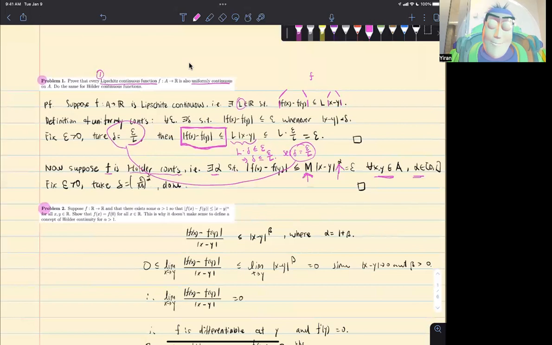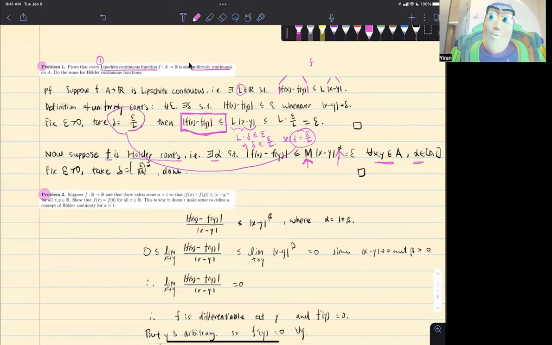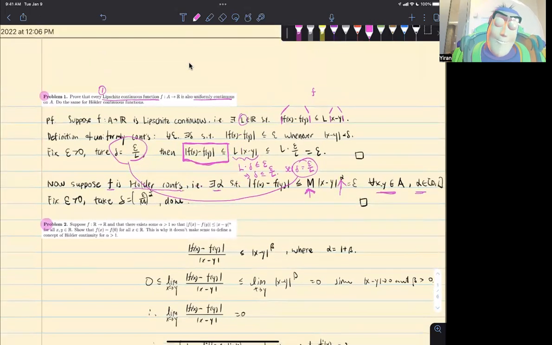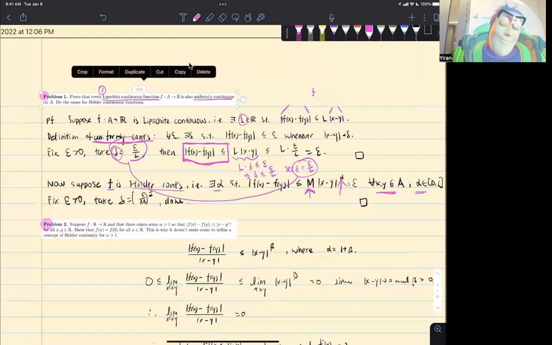Okay. And you need to think about what the definition of uniform continuity is, right? Oh, by the way, I forgot to mention that earlier when we showed continuity for the Lipschitz case, we also needed to show uniform continuity. The reason this is uniformly continuous is because the delta does not depend on x. Sorry, I forgot to mention that.